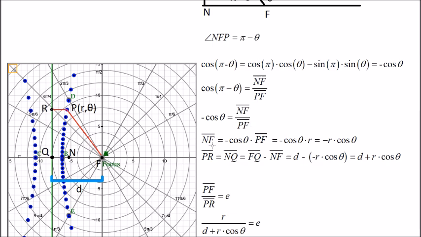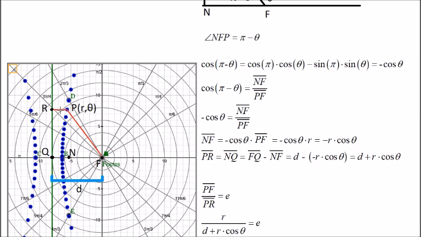So the length of NF is negative cosine of theta times the length of PF. But the distance from P to F is r, since this point is (r, theta). So we have negative r cosine of theta.